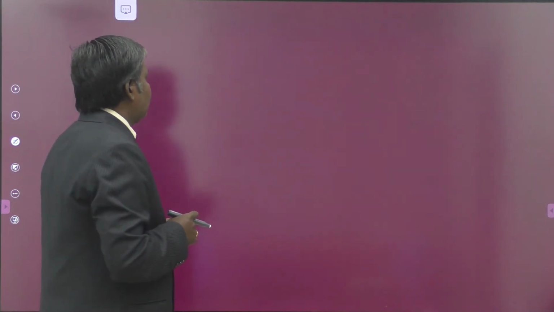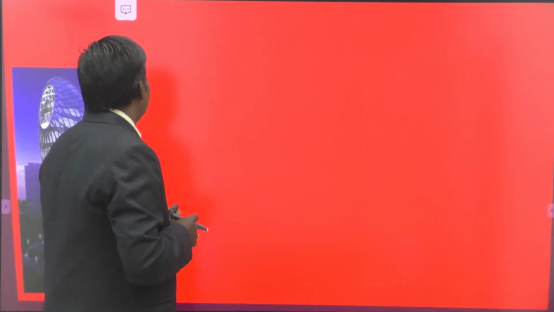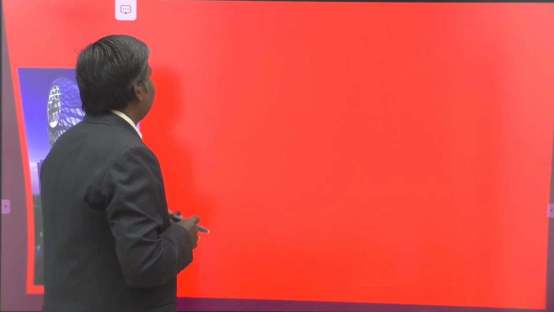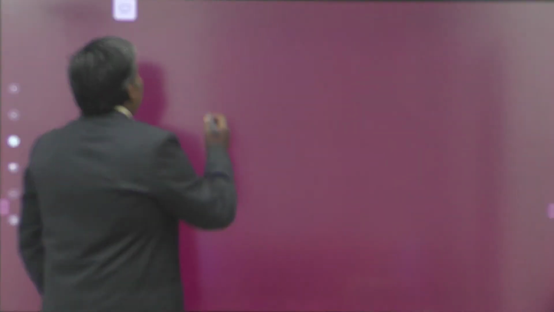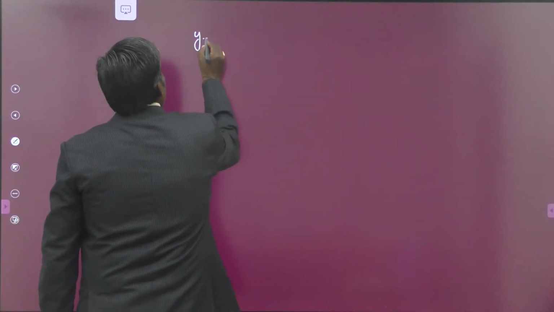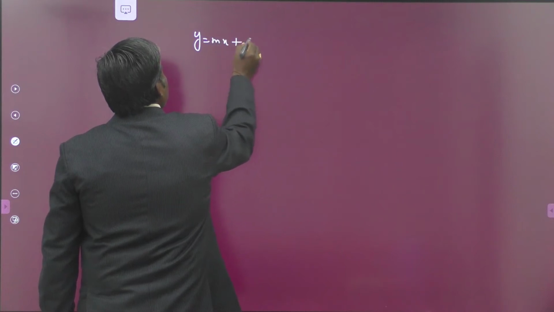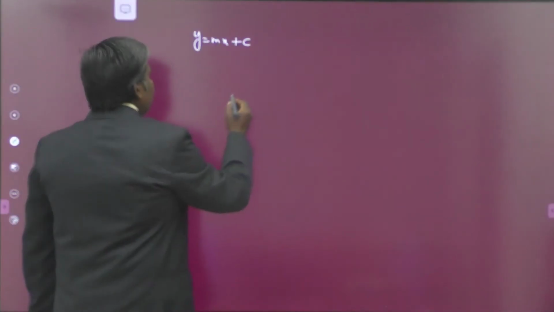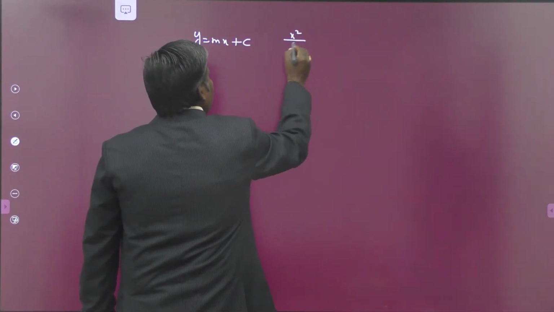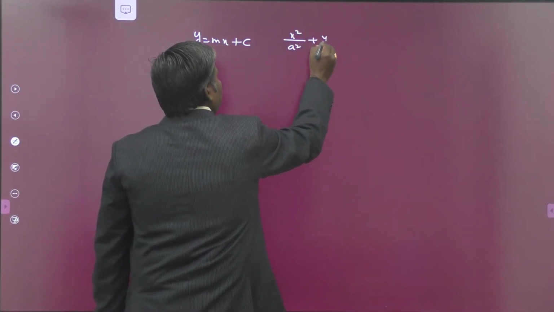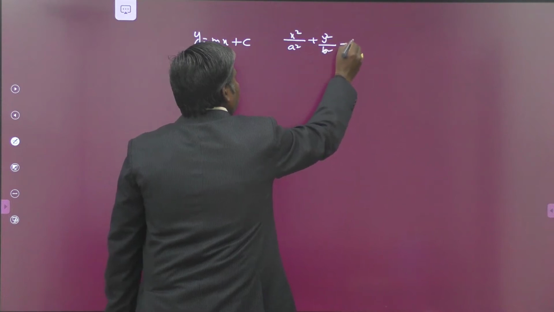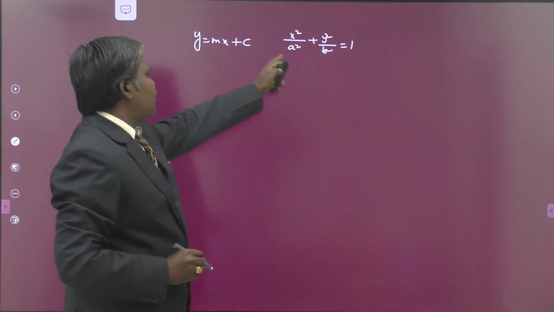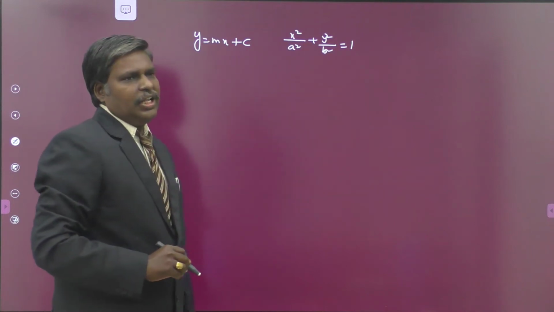Now for this, consider y equal to mx plus c as the line, and x square by a square plus y square by b square equal to 1 as the ellipse. So this is the equation of the line, this is the ellipse.